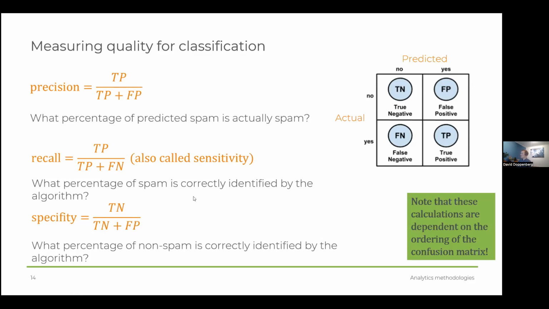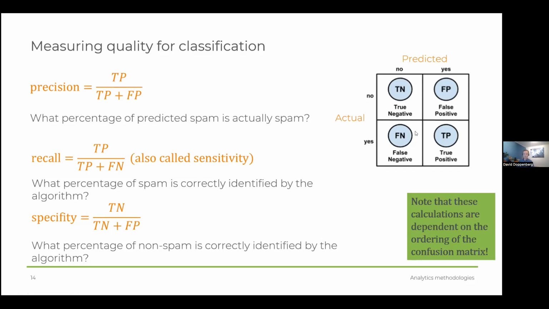The labeling basically determines which categories you pick as positive and negative. So, for example, in the case of a spam classifier, we now said positive is spam and negative is non-spam, but basically there's no given rule for that.